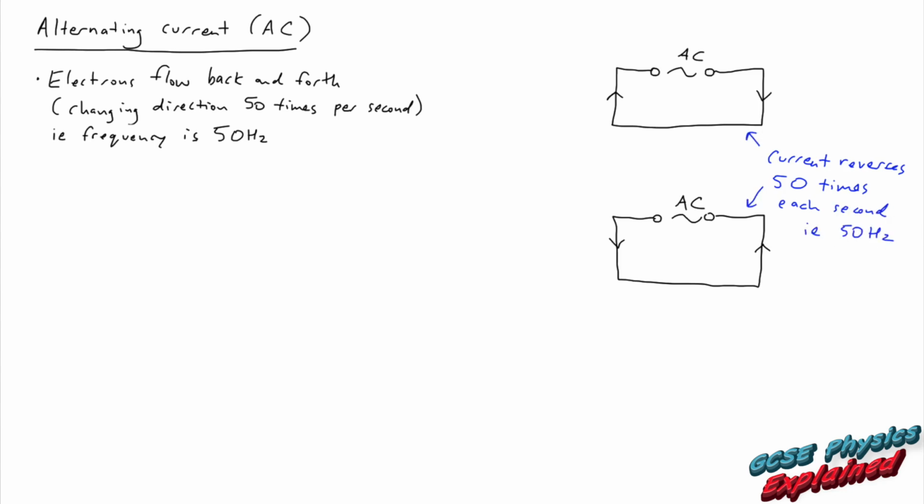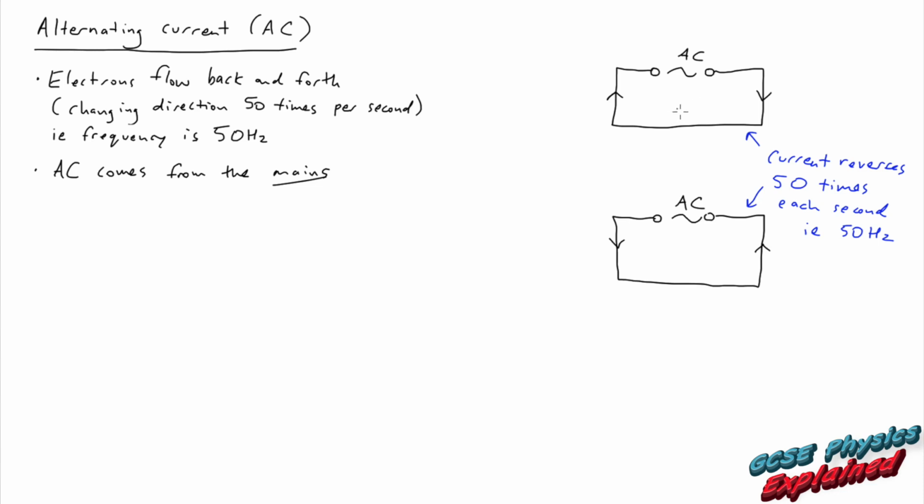Now, you're supposed to know where AC comes from. So AC comes from the mains. And then you ask yourself, well, where does the electricity from the mains come from? Right, it comes from power stations. It's generated in power stations. And that's why the current reverses, because a generator is what's used to generate the electricity.